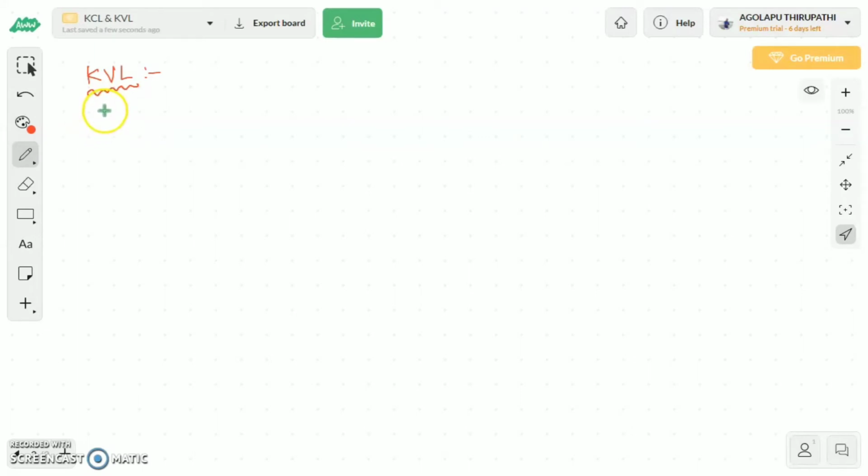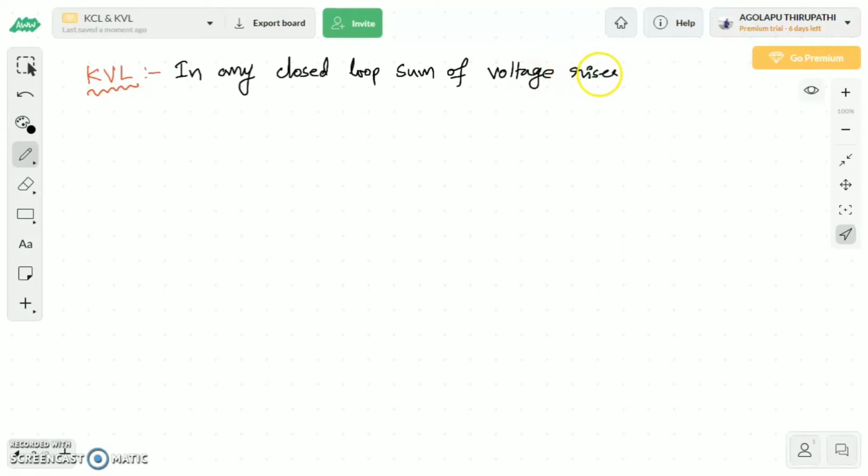KVL statement is, in any closed loop, sum of voltage rises is equal to sum of voltage drops. So let me write here, in any closed loop, sum of voltage rises equal to sum of voltage drops.